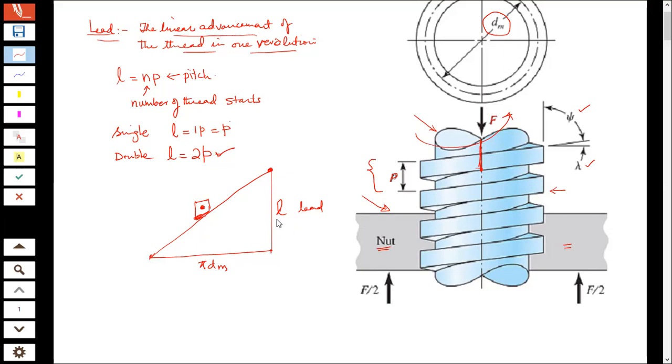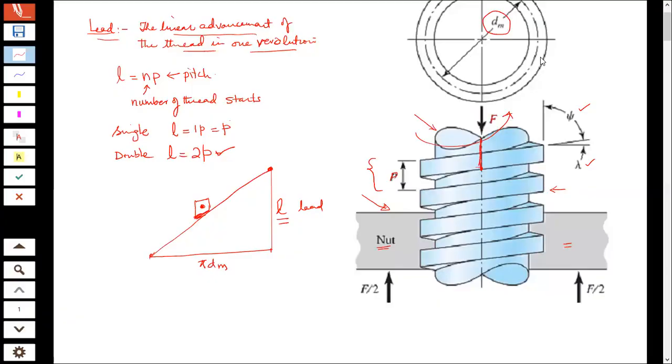We are going to push the load with the help of the thread through a distance which is equal to the lead L. So if I have this situation, the F that I'm talking about is basically acting downwards. This is my load F that I'm representing over here.